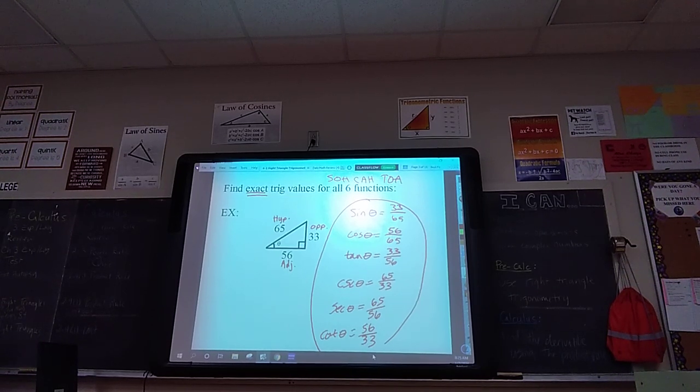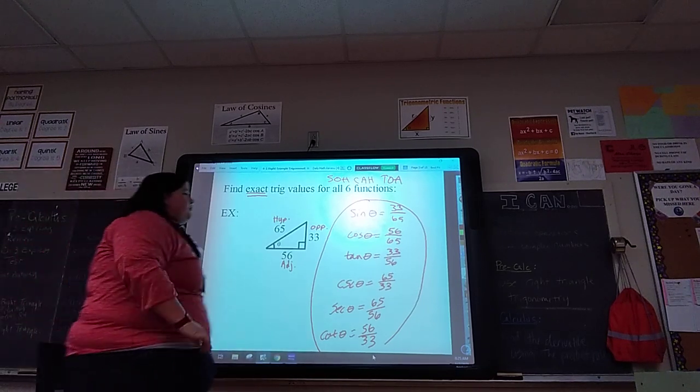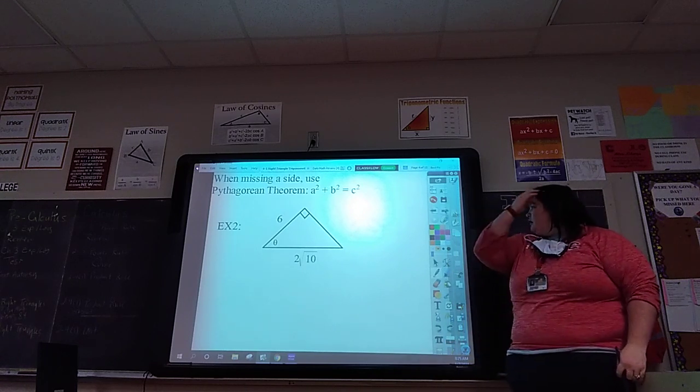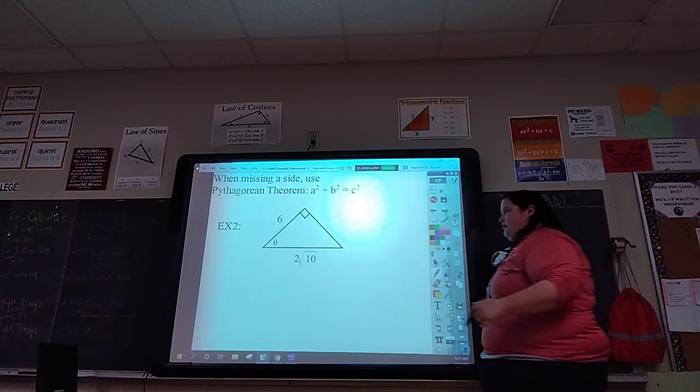So when we have to solve for a side, we often have to take the square root. So that's the big reminder I put up here.